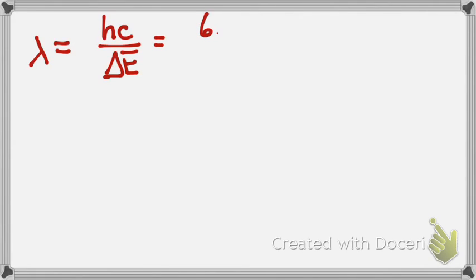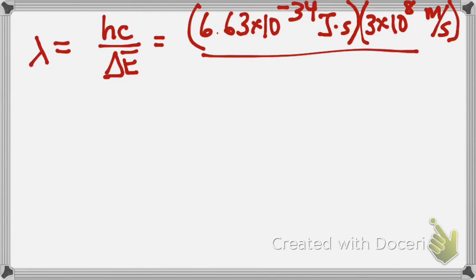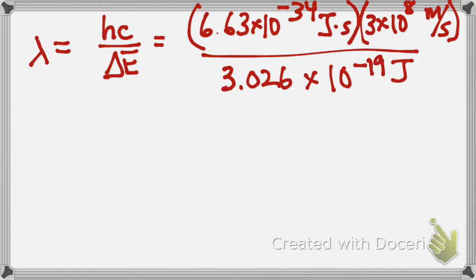That's 6.63 times 10 to the minus 34 joules times seconds times 3 times 10 to the 8th meters per second divided by 3.026 times 10 to the minus 19 joules.